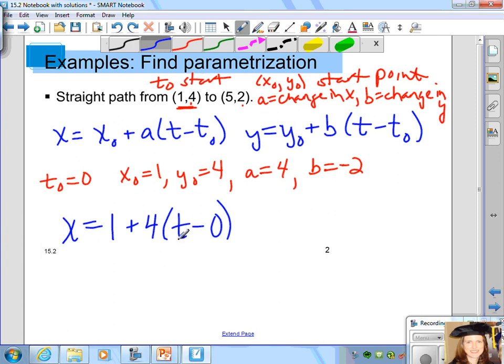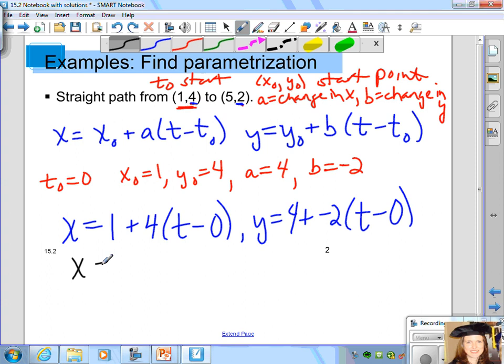So that's going to be your x, and then your y is equal to your starting y of 4 plus how the y is changing from the start to the finish, a negative 2, times t minus t sub 0, and our start time is 0. When we simplify this, we get x equals 1 plus 4t, and y equals 4 minus 2t. So this is going to be your parametrization.